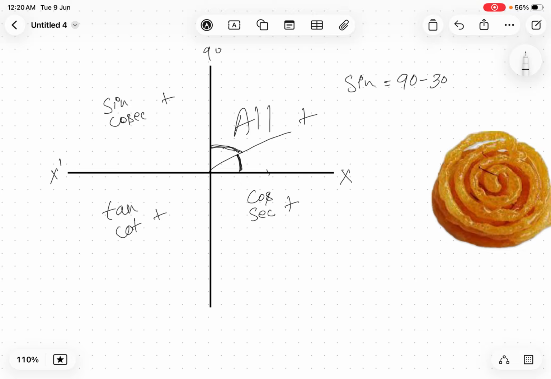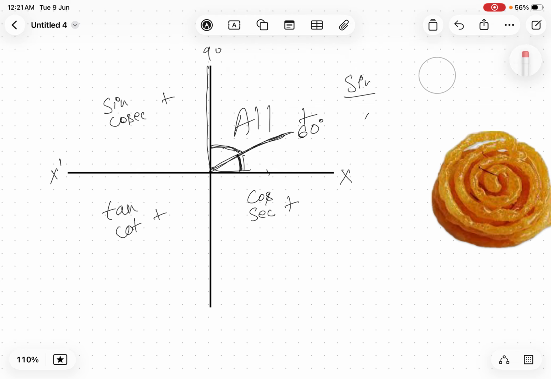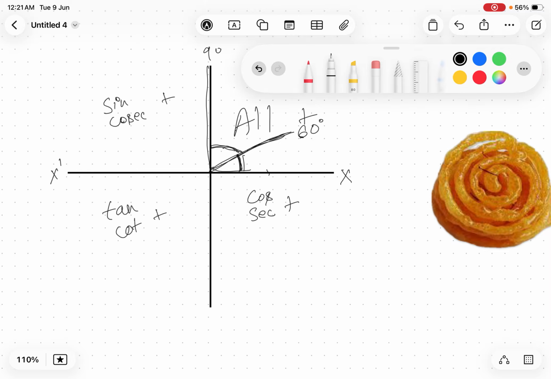If we remove 30 degree from 90 degree, we get 60 degree. Then sine theta will change to cos 30 degree. But in this question, we are taking the relation with the x-axis, so the function will not change.